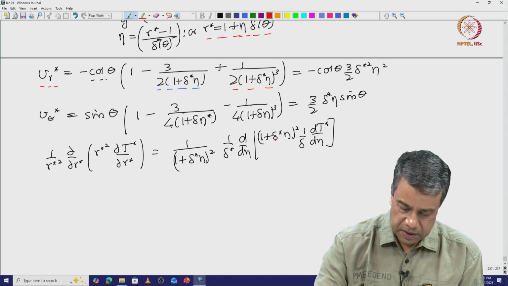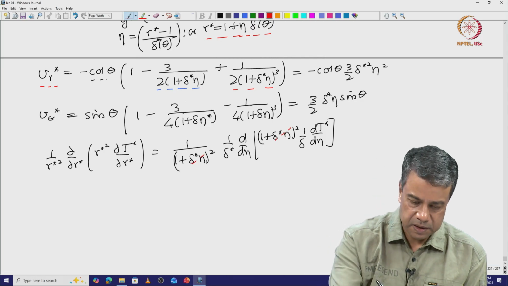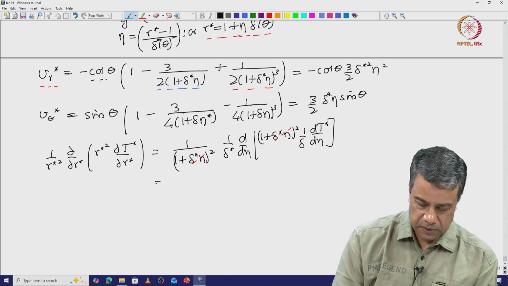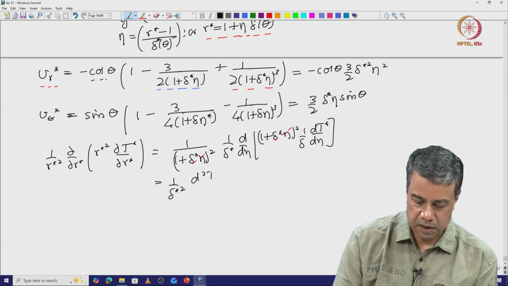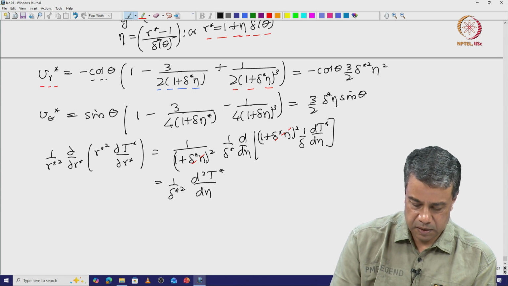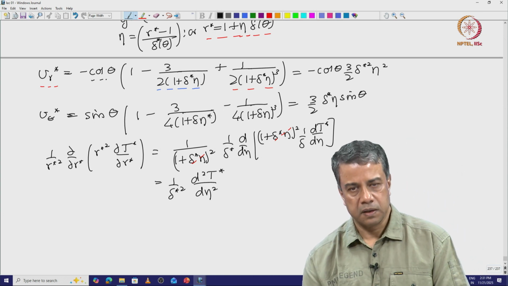And in these terms, this delta eta can be neglected because it is small compared to 1, and I will just get 1 by delta star square d square t star by d eta square.